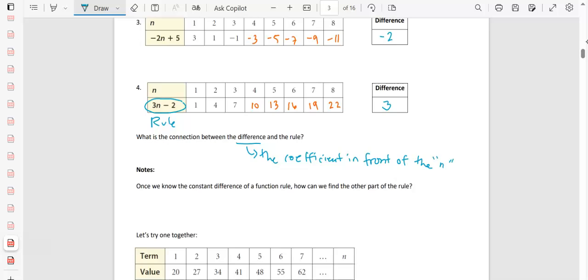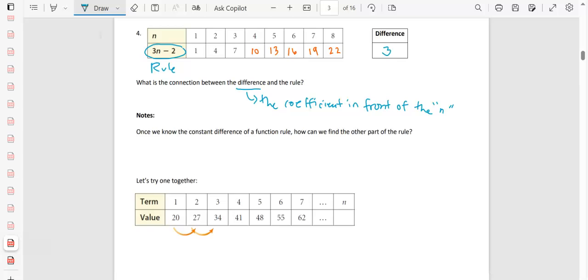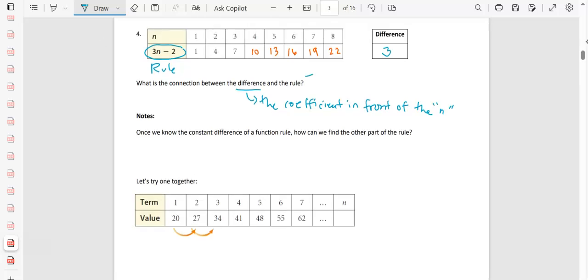And what we noticed in all of these is they had what we call a constant difference. And because they had a constant, and actually we're going to refer to this as the first difference, that implies that all of these function rules are linear.